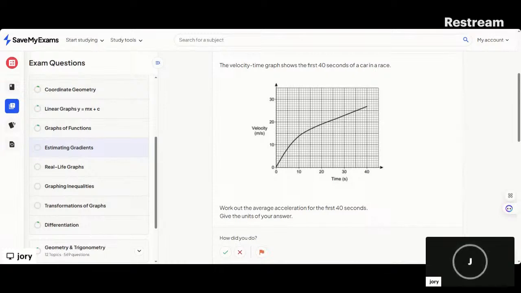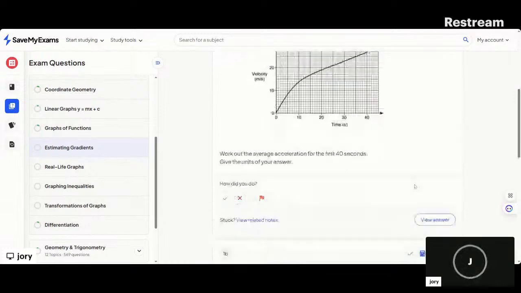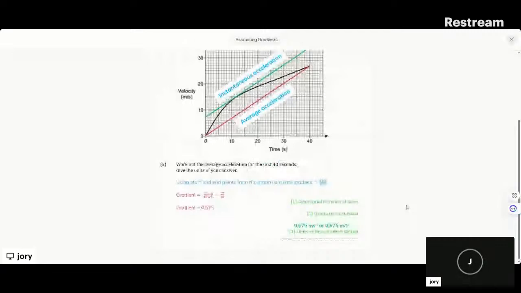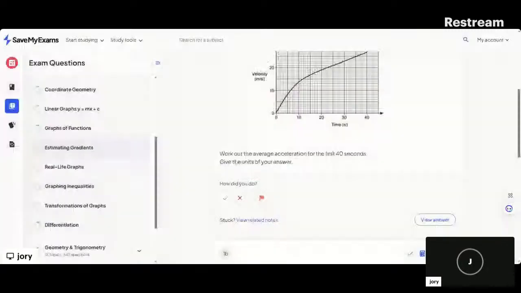It's 27 over 40 meters per second squared, isn't it? 0.675. Oh my god, meters per second squared. Okay.